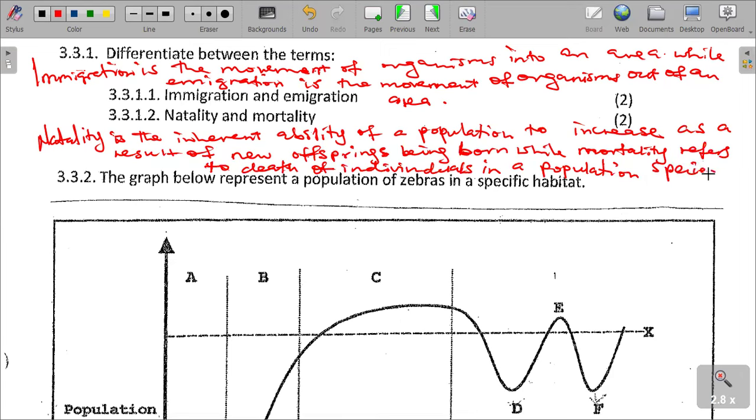So in other words, natality is actually birth rate, an increase in population due to birth, and mortality is actually death rate, the death of individuals in a population species. That's what we call mortality.